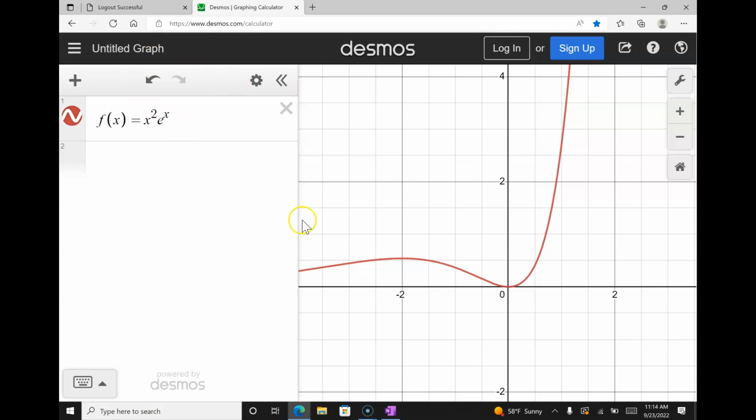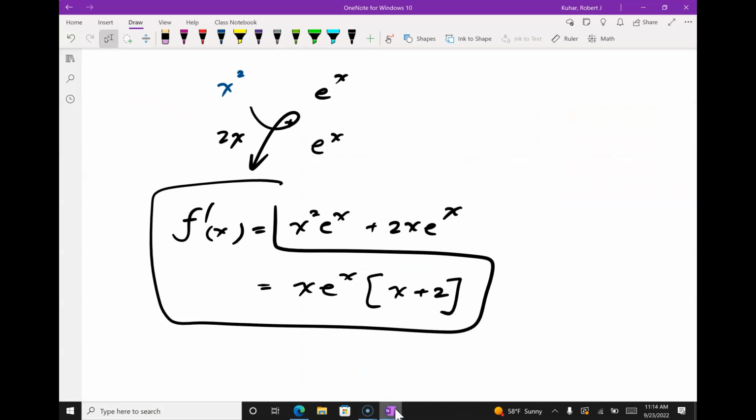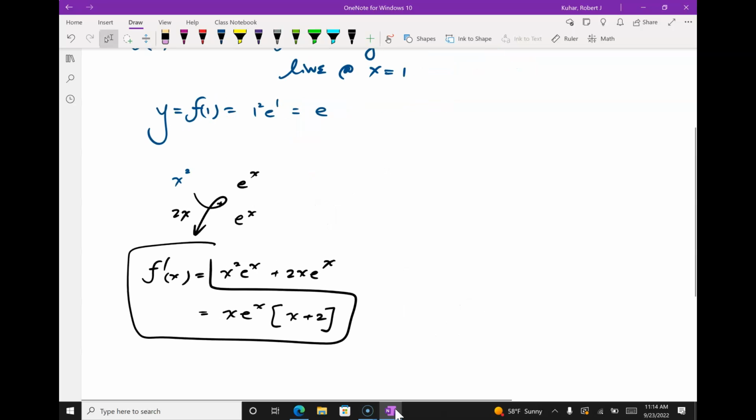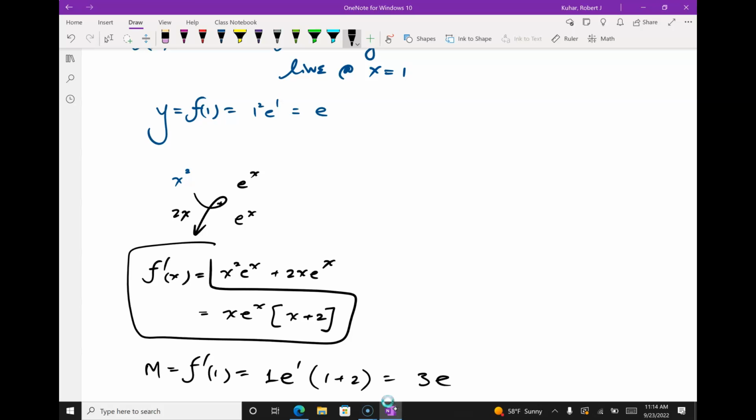Okay, we got our derivative. What else do we need for our tangent line? The slope. So m is going to be f prime at 1. So that's 1 times e to the 1 times 1 plus 2, so 3e. The slope is 3e. How are we doing here? Are we okay?